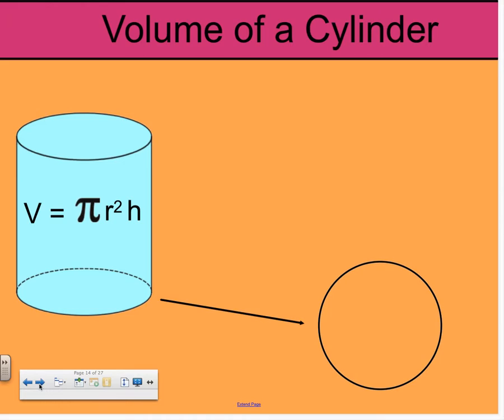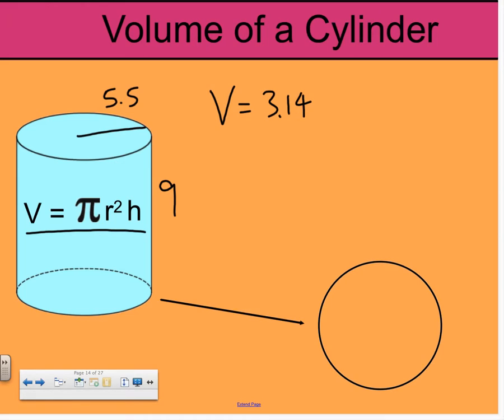Okay, let's try another example. All right, in this example, the radius is going to be, let's go with 5.5, and let's say the height is 9. So once again, let's think about the formula here, which is the volume equals pi times r squared h. So let's substitute what we know. I know that pi is 3.14.